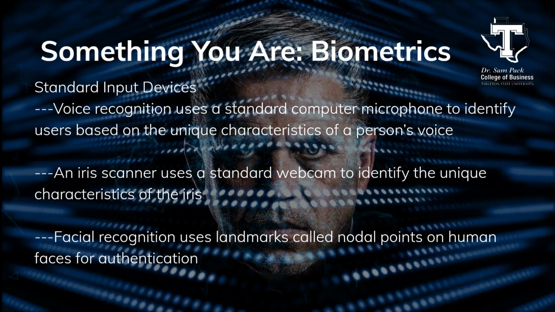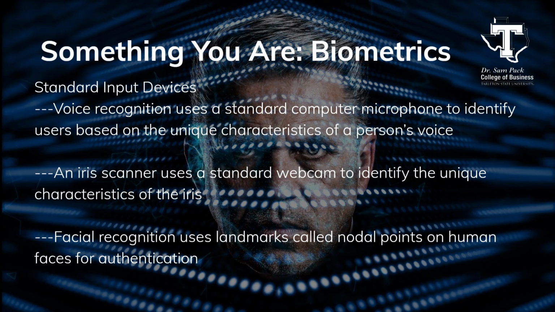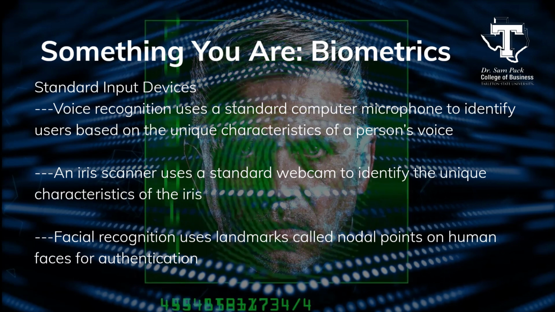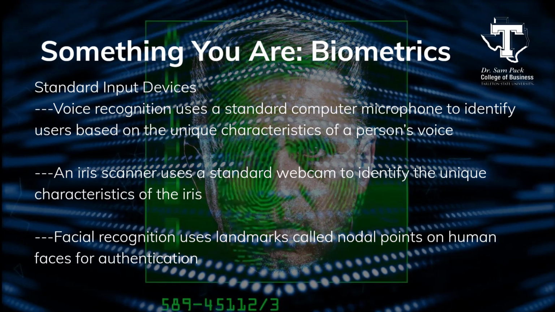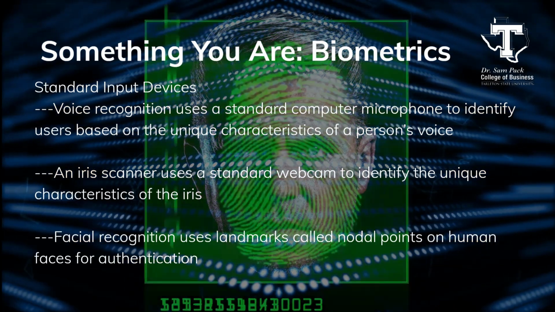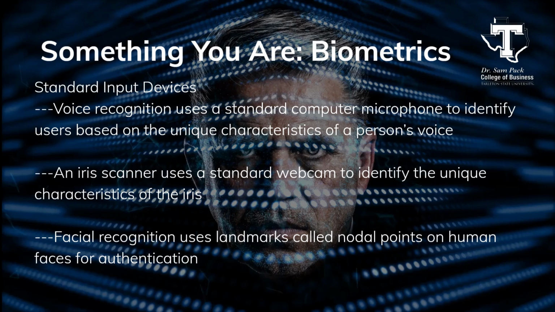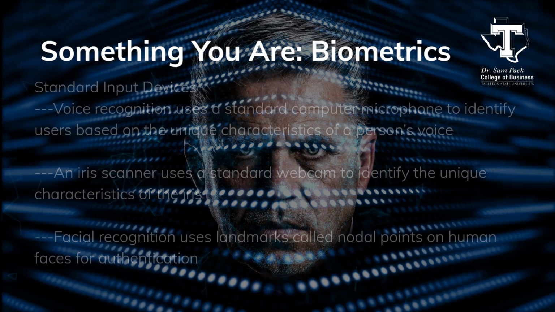First, voice recognition uses a regular computer microphone to identify users by the unique qualities of their voice. Next, an iris scanner employs a standard webcam to capture and analyze the distinctive features of the iris. Lastly, facial recognition systems use nodal points on your face, specific landmarks like the distance between your eyes or the shape of your nose, to verify your identity.